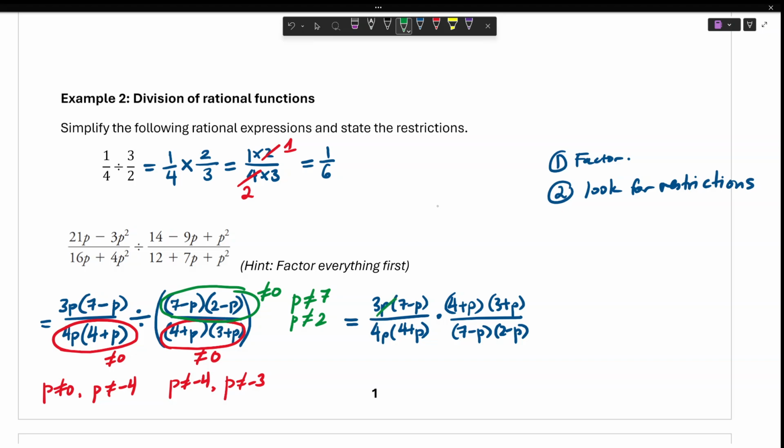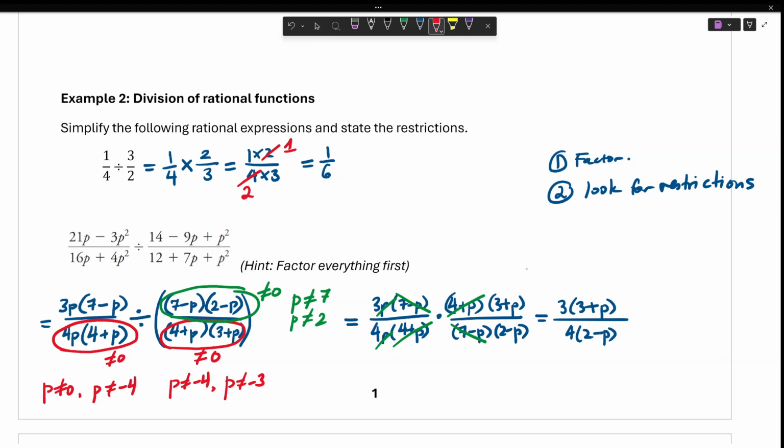So you'll notice p upstairs, p downstairs, that cancels out. 4 plus p, 4 plus p, that cancels out. 7 minus p and 7 minus p also cancels out. So final answer is 3 times 3 plus p over 4 times 2 minus p. And that's a good final answer.